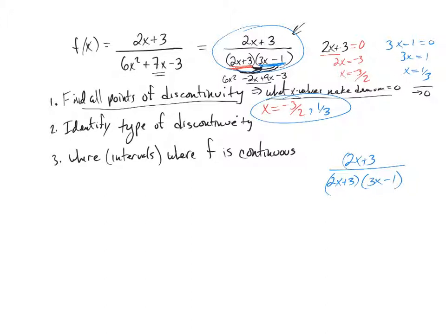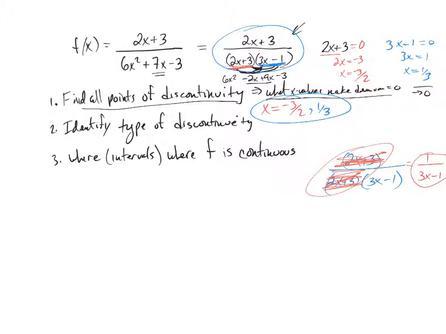And what you learned is you can cancel out common factors. So you'd cancel this out and cancel that out, and it would be equal to 1 over 3x minus 1. Well, being able to cancel out a common factor is what we would call a removable discontinuity. You literally removed it, you obliterated it by canceling it out, and now it's no longer a problem.